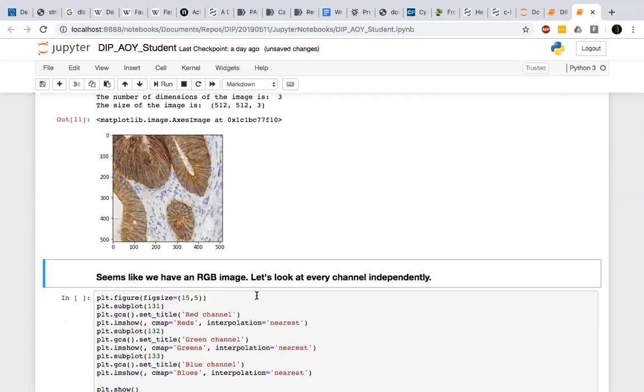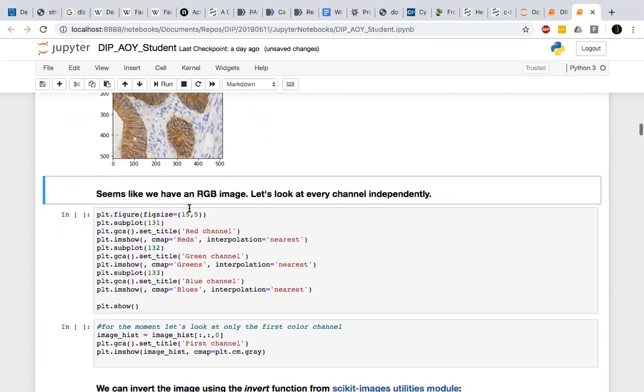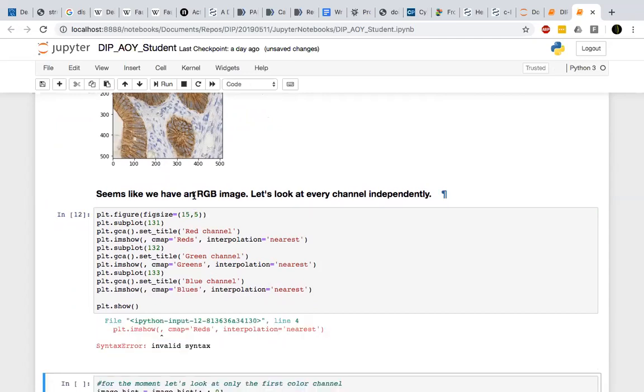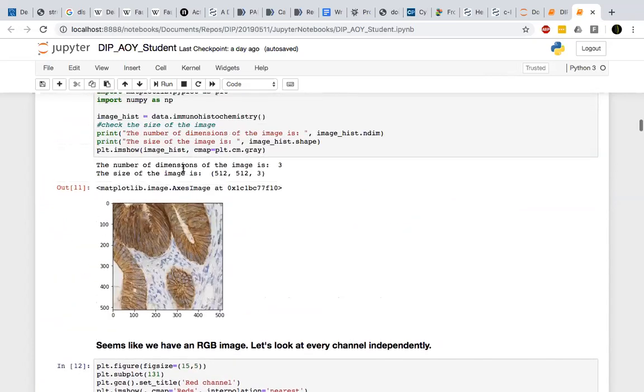First of all, we can already see that this is a color image, RGB. We can look at every one of these channels independently. Oh sorry, this shouldn't run yet, so we're going to implement this in a minute. Let's look at each one of these channels independently.